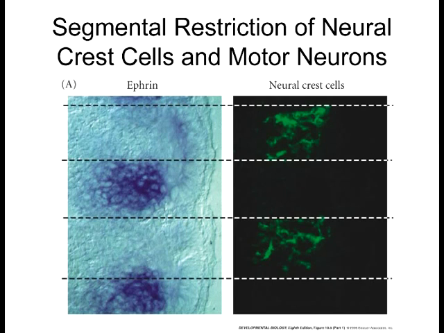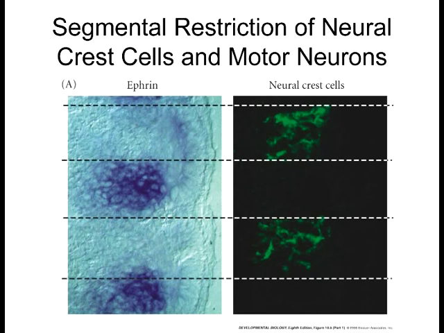Now, the anterior portion of the somites is releasing this ephrin protein. In fact, usually when we say the ligand, we use a lowercase. So when you see ephrin in your book with a lowercase e, that's the ligand. When you see an uppercase E, that's the receptor. I don't know why they do that, but they do that.